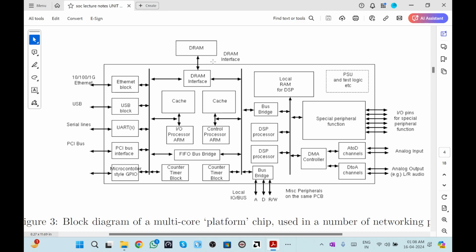We already know what DRAM is, and as we can see, this DRAM is connected in a bidirectional way with the communication protocols and with the bridging of RAM and special peripherals. Before going into the deep hierarchy, like the DRAM interface and the ARM processor and control processor, we shall first understand the communication protocols.